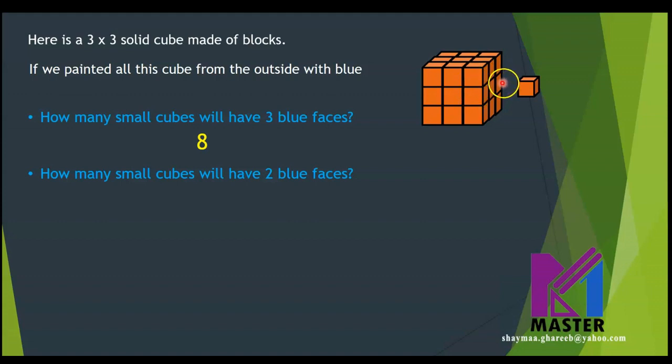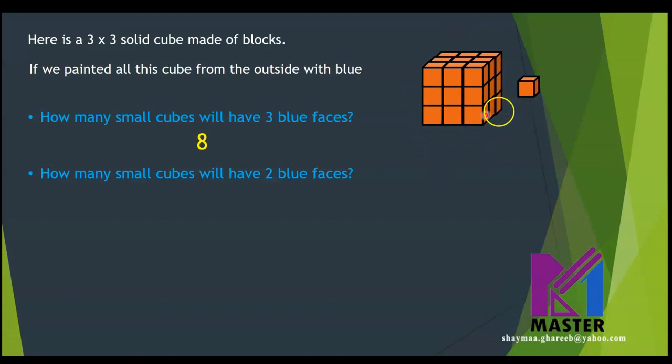What about the second layer of the cube? Can you see this one? I can see only two faces, the front face and the face on the side. And this one as well, and this one, and the one behind. So another 4 in the second layer.